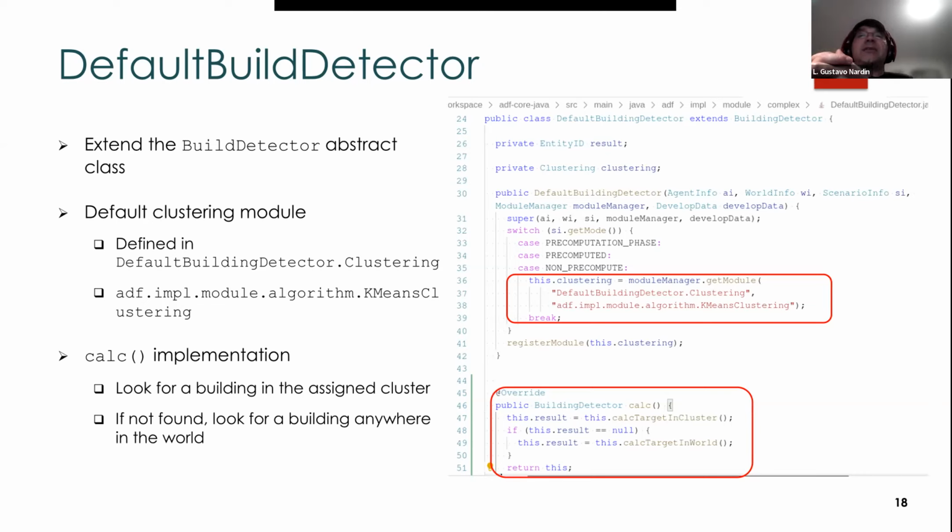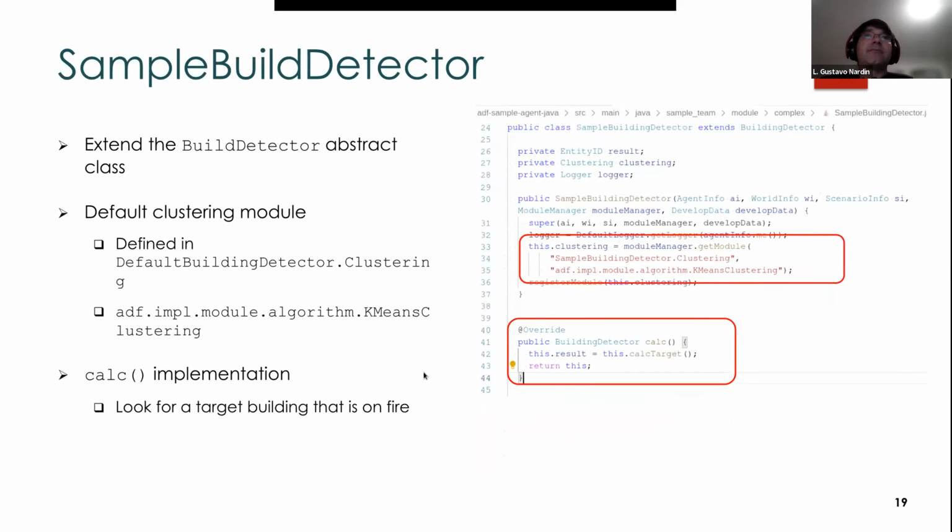If it cannot find any target building, then it tries to find any building anywhere in the world, in the environment. If it cannot find one, then it's null, but usually you will find one and will return it to the agent. Observe again that the calc here does not return the building in itself. It returns the building detector, and then the ADF can extract the building that was detected later on.